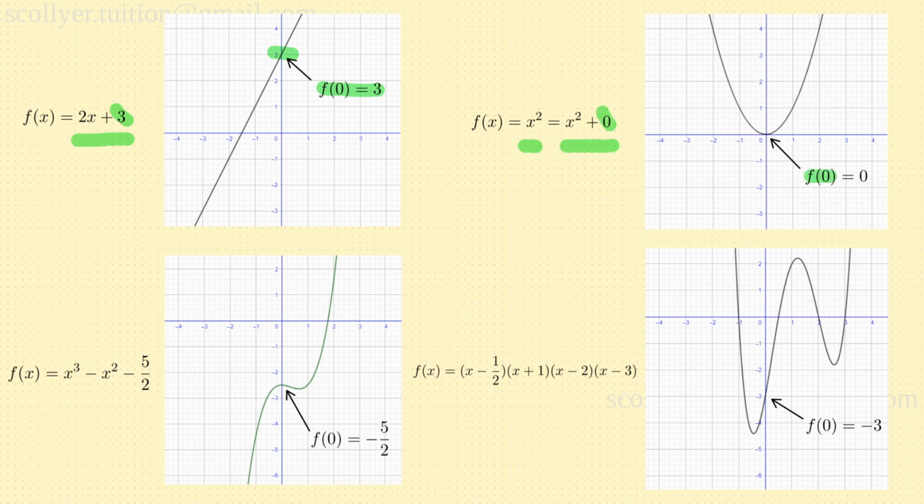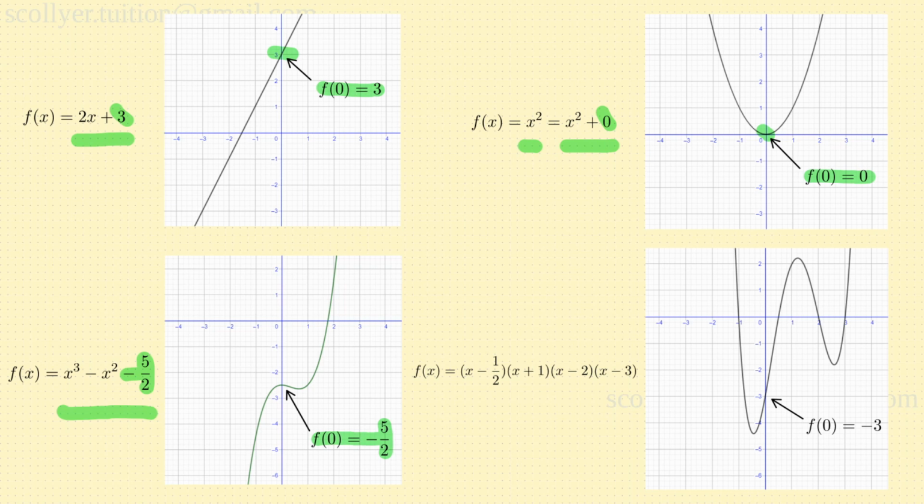We see that f of 0 equals 0 and the y-intercept is indeed 0. We have a cubic polynomial x cubed minus x squared minus 5 over 2 with constant term minus 5 over 2. f of 0 equals minus 5 over 2, and we see we have a y-intercept of minus 5 over 2, or minus 2.5.